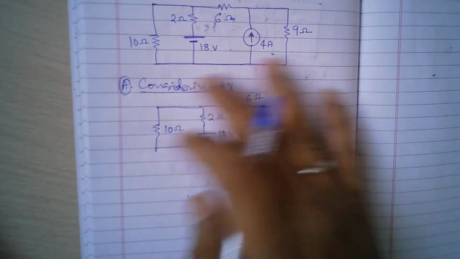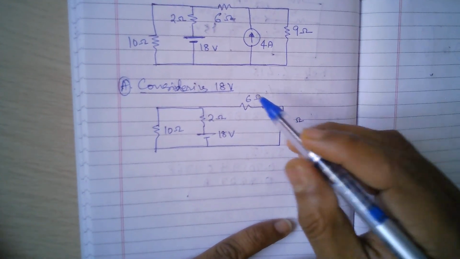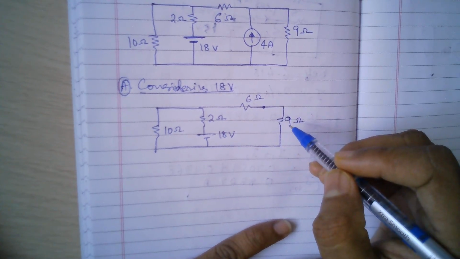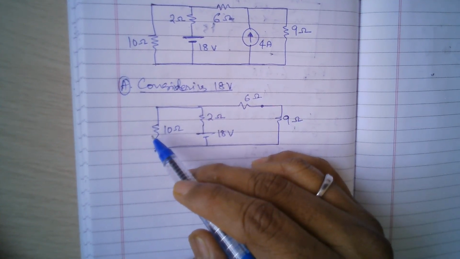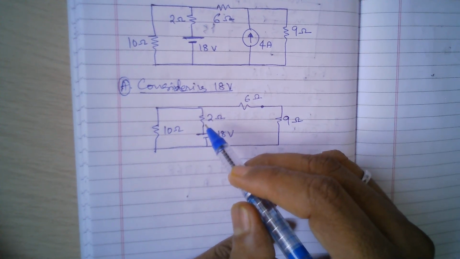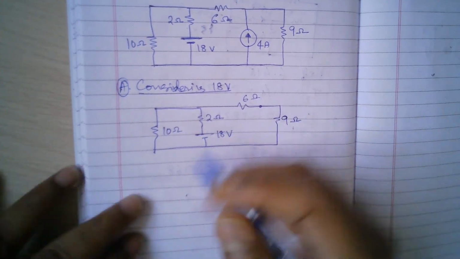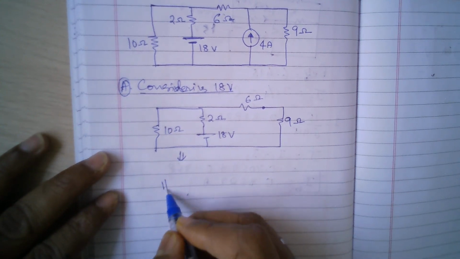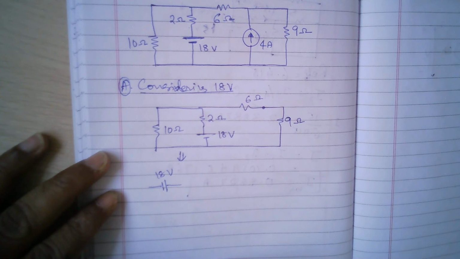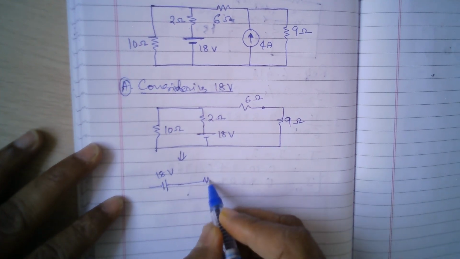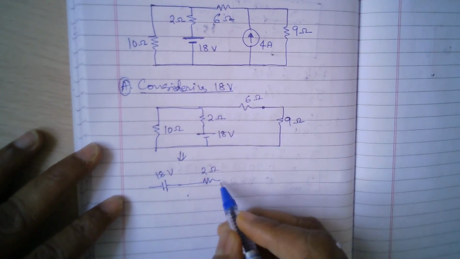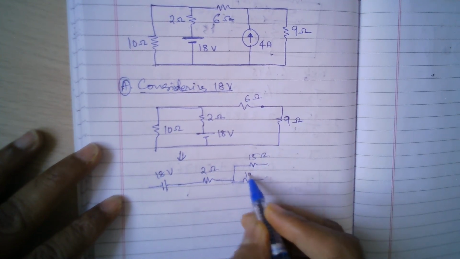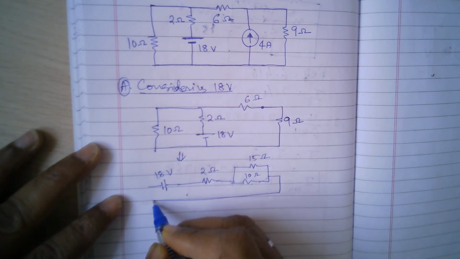Now immediately it becomes very simple. 9 plus 6 is a series combination, so that will be 15 ohms. That is in parallel with 10 ohms, and we have 2 ohms in series with that parallel combination. If I further simplify, the circuit is something like this: an 18 volt source, a 2 ohm resistance, then the 15 ohm and 10 ohm resistances, and then the circuit is completed.